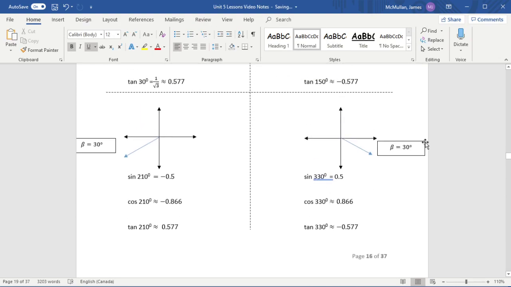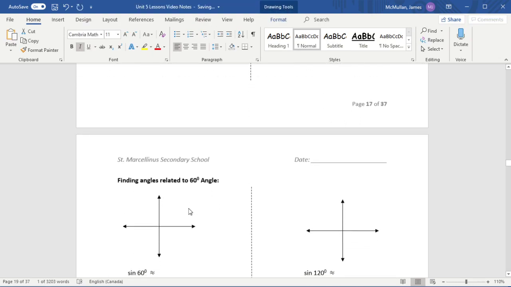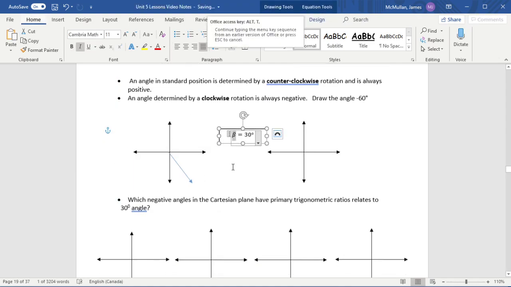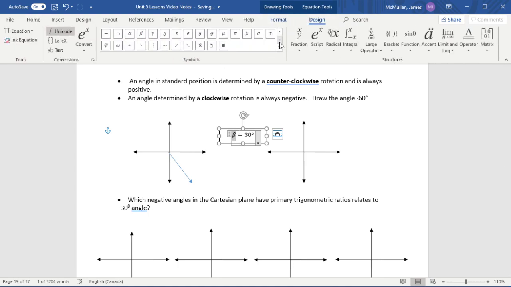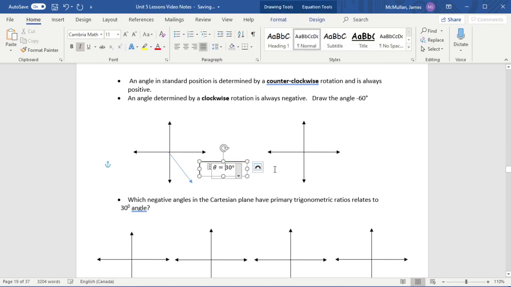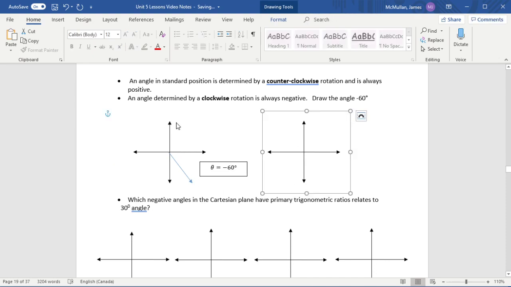So let me just grab a text box from up here. I can copy paste. Oops. GeoGebra shortcut doesn't work in Word. Okay. Here, what I've drawn is negative 60. This would be an example of drawing negative 60.